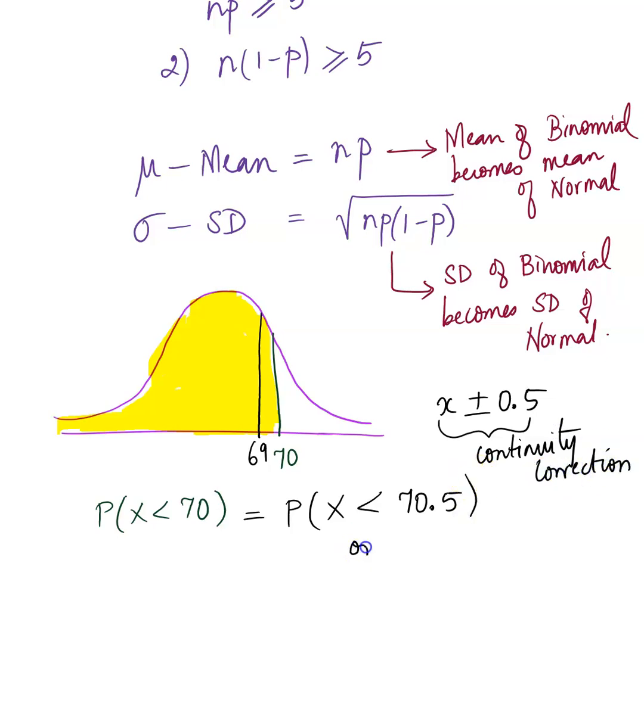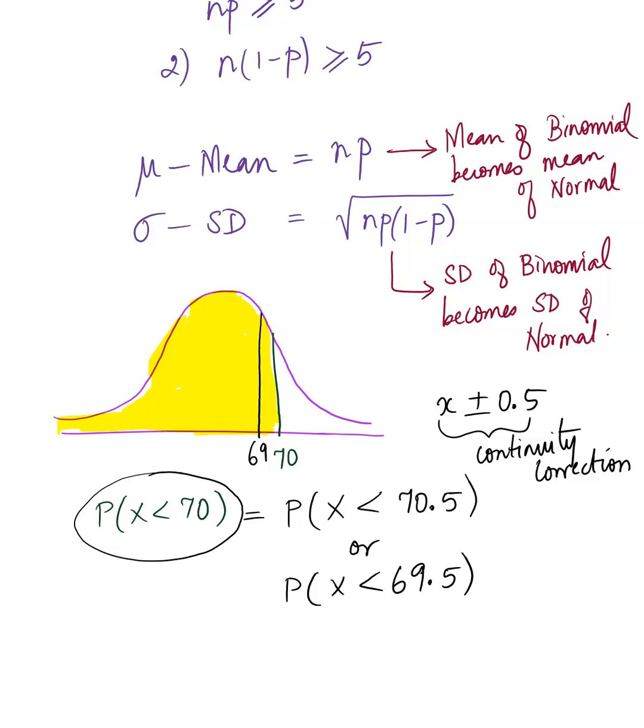So we could do that, or we could do less than half a point away from 70, which would be 69.5. Now think about this. To represent the probability of x less than 70, which one should I use to make sure that we're taking values less than 70?